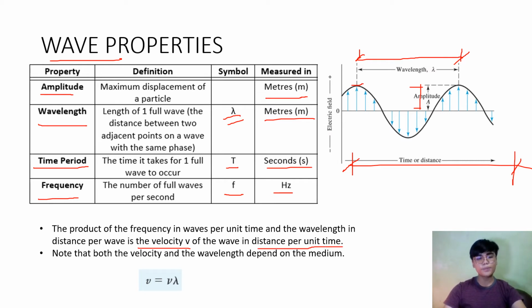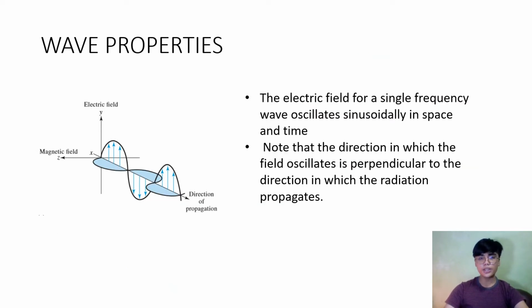Note that both the velocity and the wavelength depend on the medium, which corresponds with this equation. The electric field for a single frequency wave oscillates sinusoidally in space and time. Note that the direction in which the field oscillates is perpendicular to the direction in which the radiation propagates.